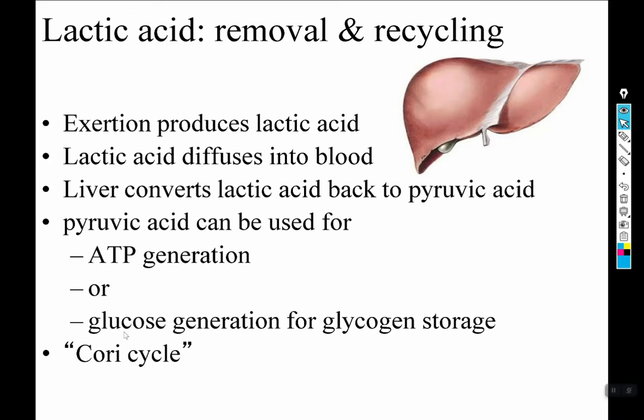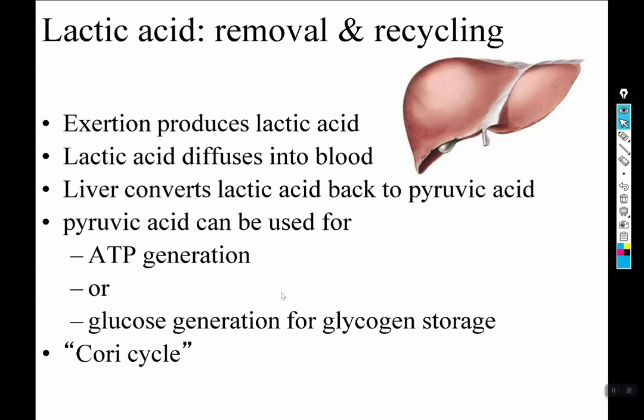And one of the ways it can do that is by converting lactic acid from your muscle usage to pyruvate and then taking a couple pyruvate and gluing them back together. So the cycling of this is called the Cori cycle, and it's a critical way that we remove, recycle, and reuse lactic acid. So it's not just peed out like other waste products. We recycle things to the greatest extent that we can because that helps us conserve our calories, which is pretty ingenious.